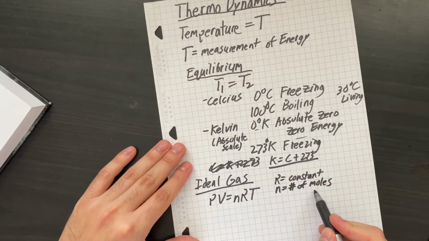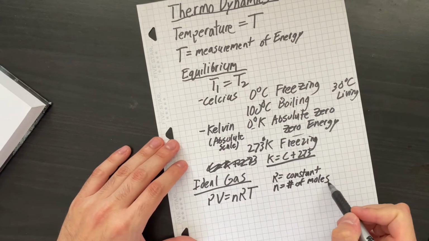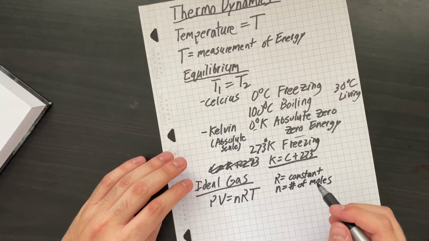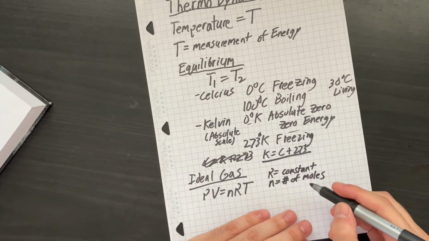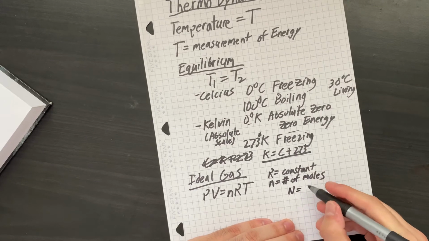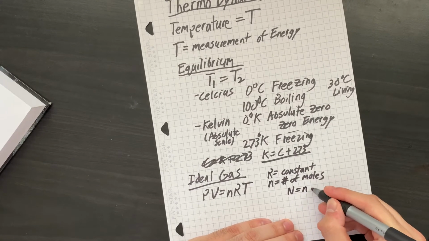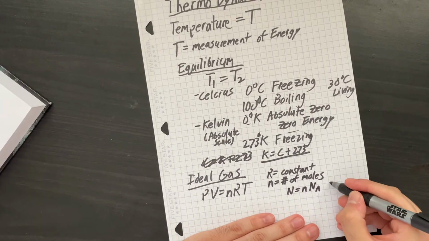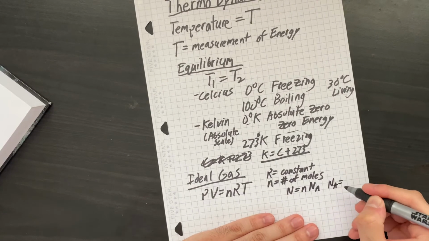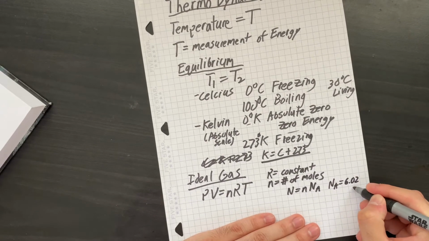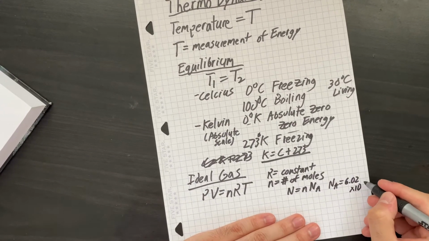If you know chemistry, it's the same moles as in chemistry, related to Avogadro's number, where the number of molecules equals n times Avogadro's number. And Avogadro's number is 6.02 times 10 to the 23.